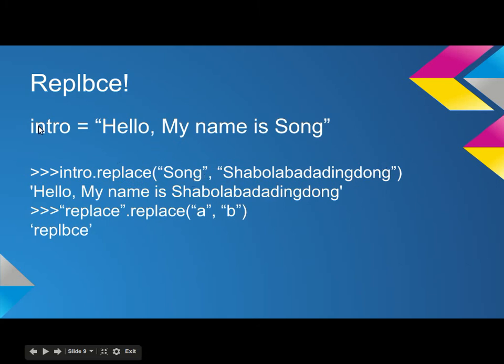In this case, we have a variable called intro, and it says, hello, my name is Song. If you wanted to replace Song with something, it'll return this. So it replaced Song with Shabba Ding Dong. If you want to replace A with B, it's something like that. Okay?